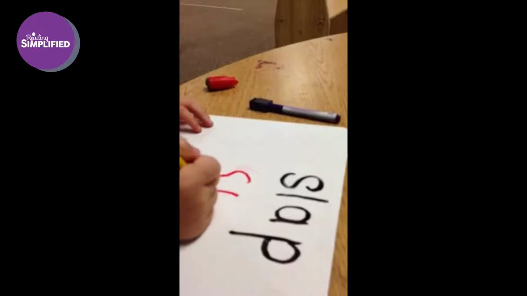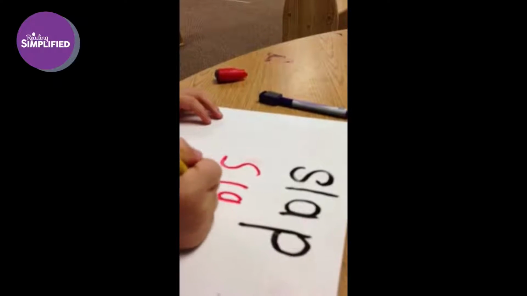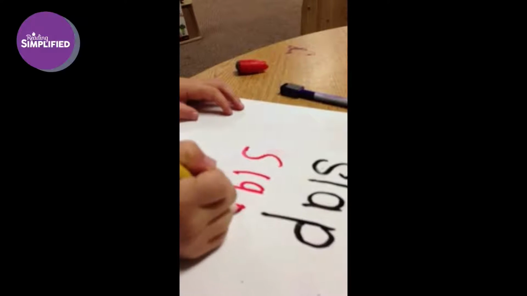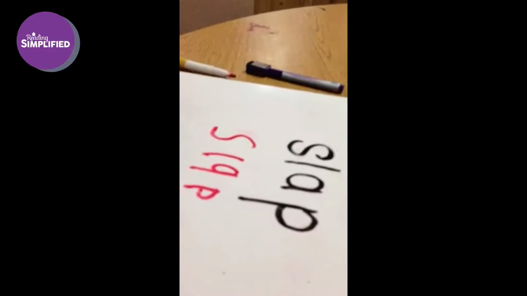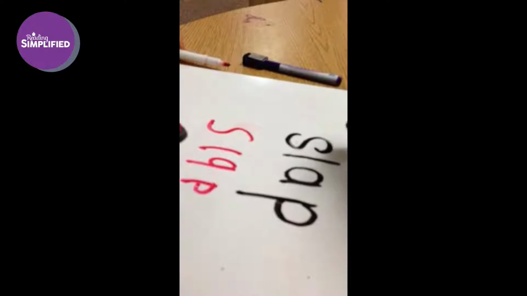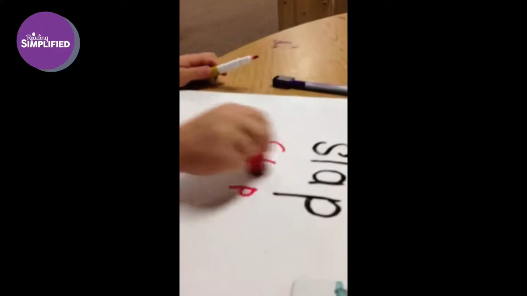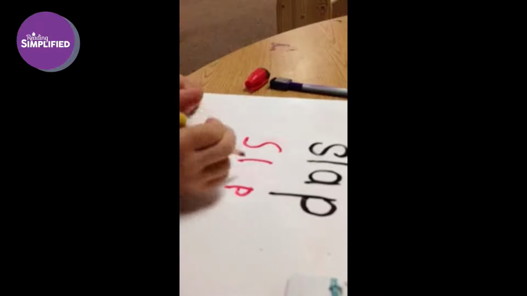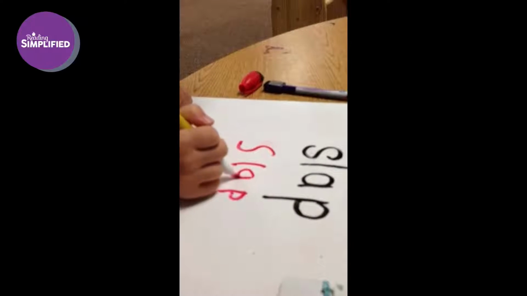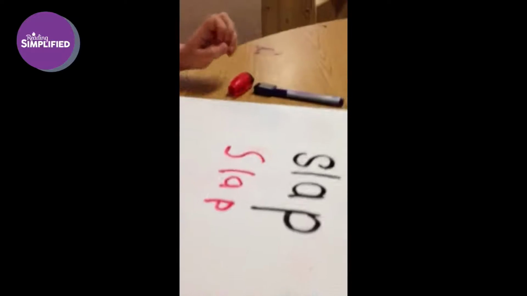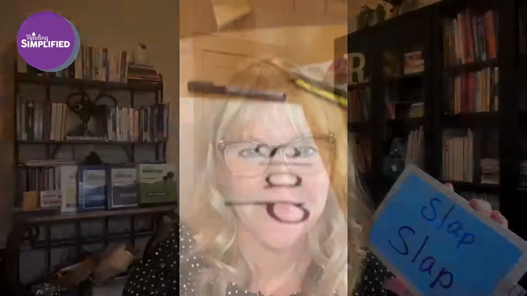Now say each sound. Beauty. Okay, let's erase and say the sound. Can I redo this one? Sure. I'm going to fix your a. Yeah. Nice, much sharper. Okay, now erase and say the sounds.